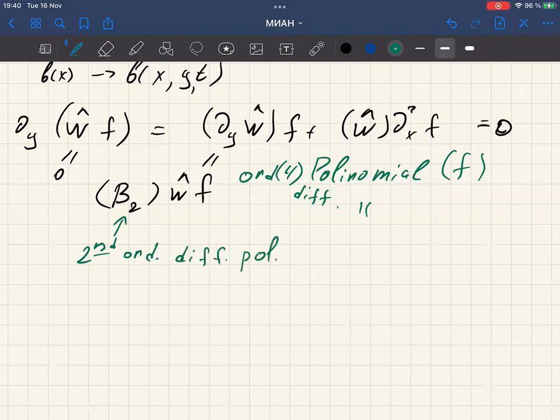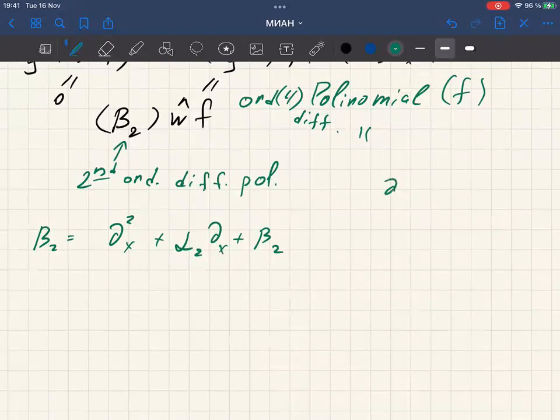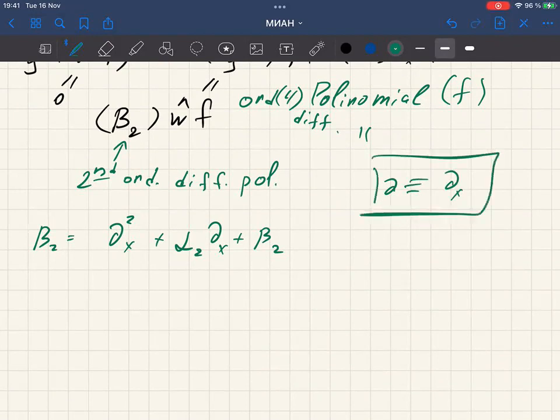For example, b2 equals d square x plus alpha 2 d plus beta 2 x. Here and from now on we have d equals dx. In some places I could forget it, but if we have d without indices, it means that it's just dx.